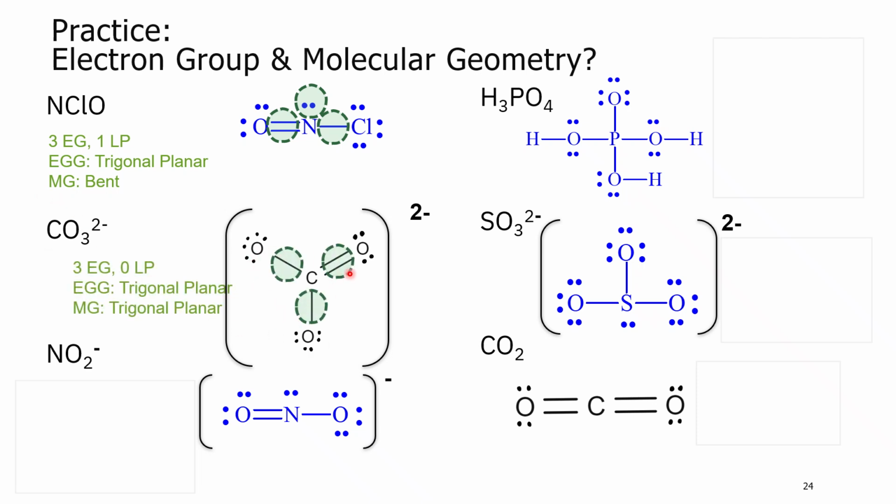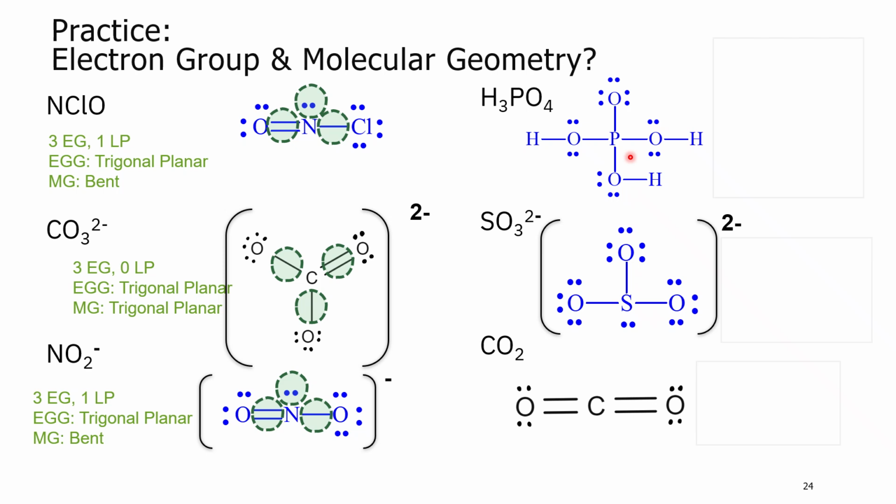There are no lone pairs around the carbon atom. Both the electron group geometry and the molecular geometry are trigonal planar. For the nitrite ion, the central nitrogen atom has 3 electron groups. One of those electron groups is a lone pair. The electron group geometry is trigonal planar. The molecular geometry is bent.